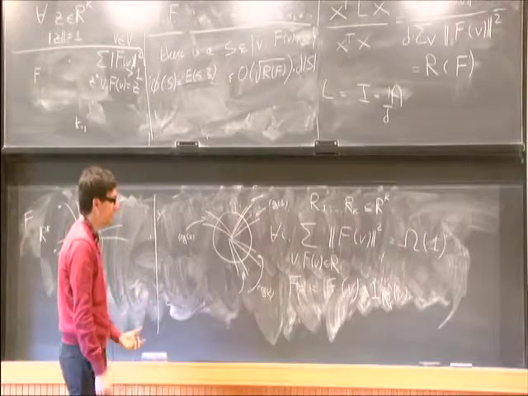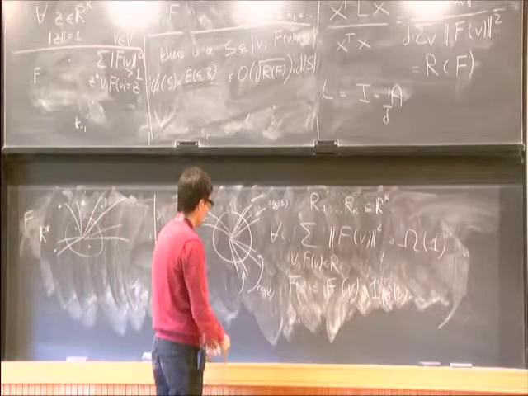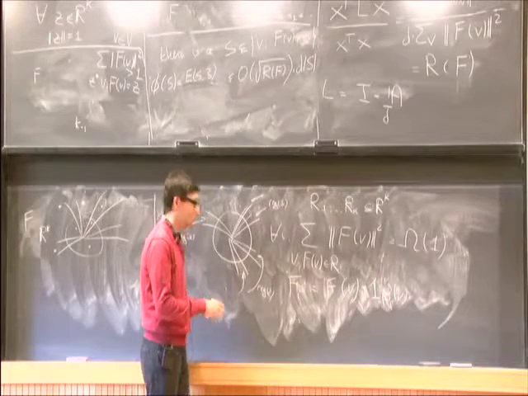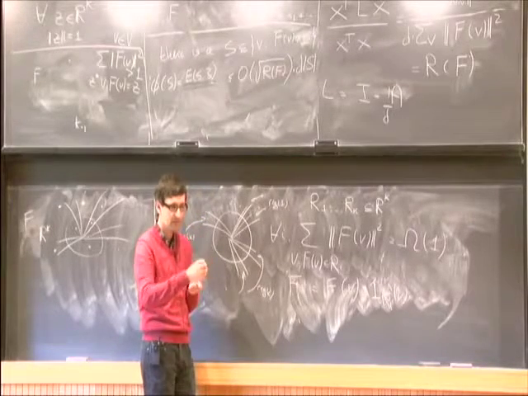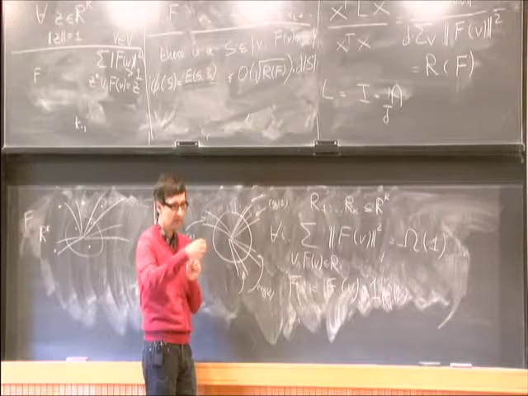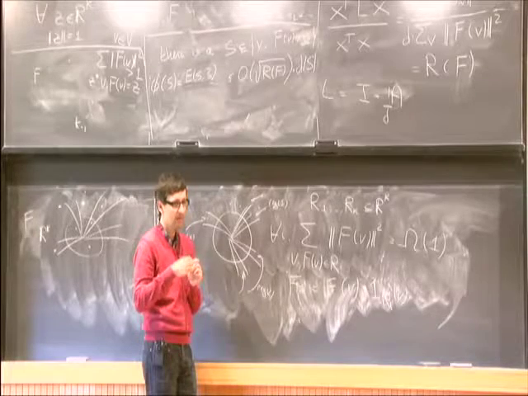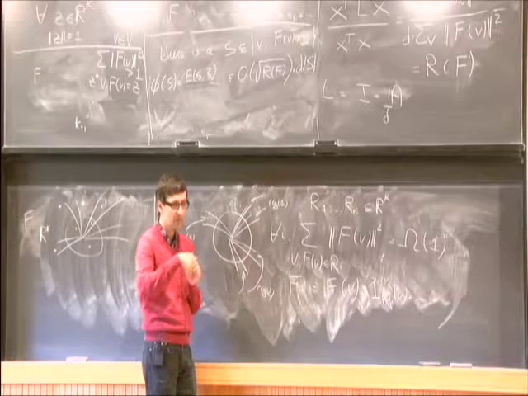So this part is easy because I can just take every region to be a collection of lines. I know that in each line, the mass can be at most 1.